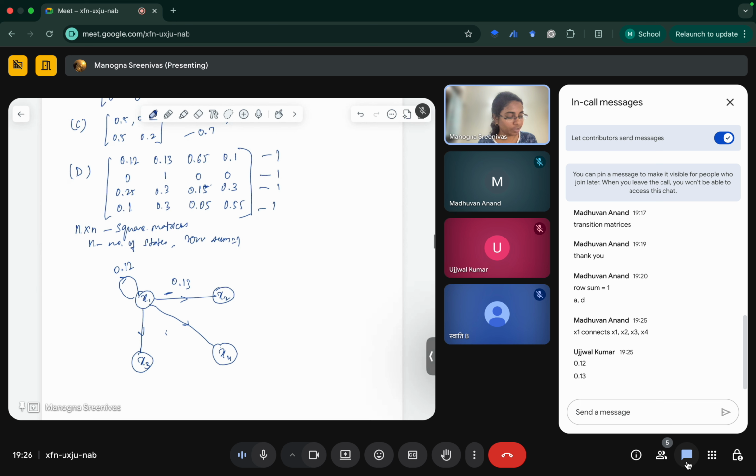And x1 to x3, this is 0.65 and this is 0.1, right? So now you know how to put the probability numbers. Now what all does x2 connect to? X2, and it doesn't go anywhere else, right? It just has a self loop.